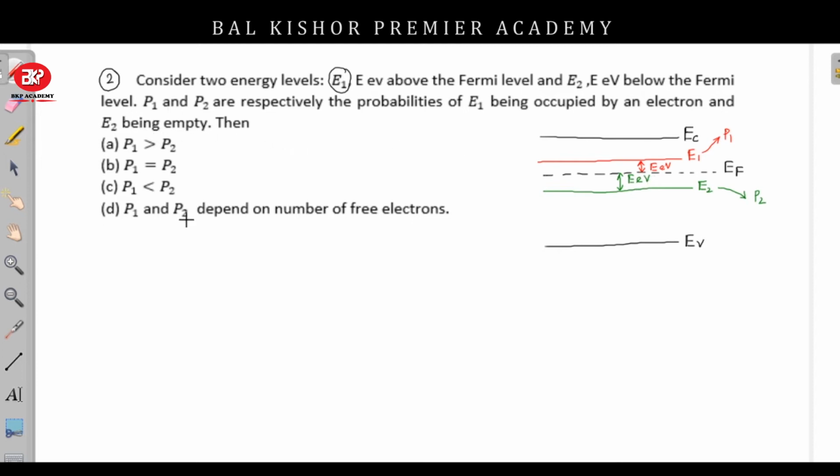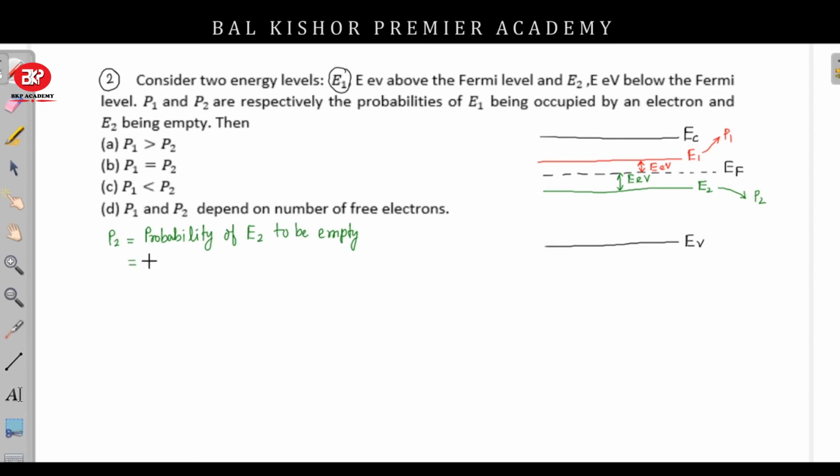This is a very important thing. P2 क्या है? E2 एम्प्टी होने का प्रोबेबिलिटी. So I am writing here that P2 is nothing but the probability of E2 to be empty.